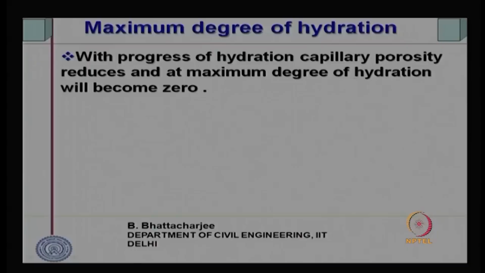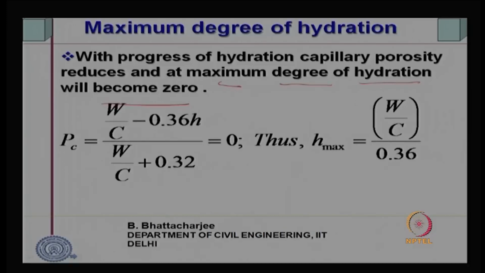Let us see this. With progress of hydration, capillary porosity reduces, and the maximum degree of hydration will become 0 if I do not have sufficient space. So, you can see that capillary porosity is this, and for this to be 0, the maximum degree of hydration is W by C by 0.36.